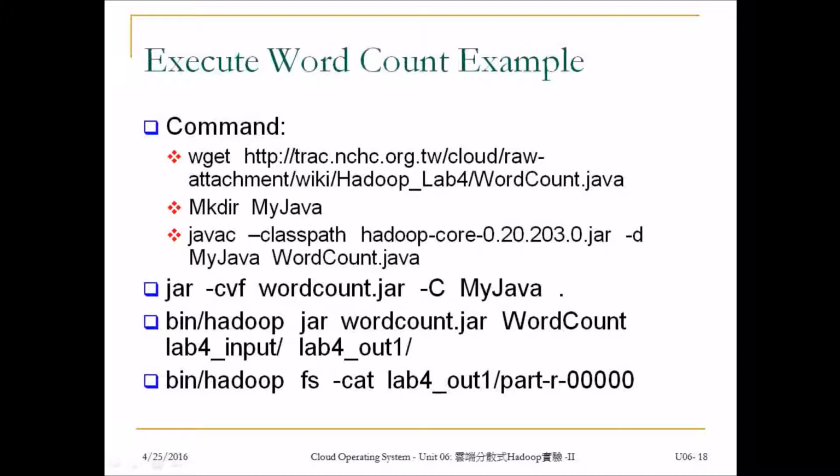Of course, the job tracker will try to collect all the results from the task trackers. So different parts will be obtained from different task trackers.